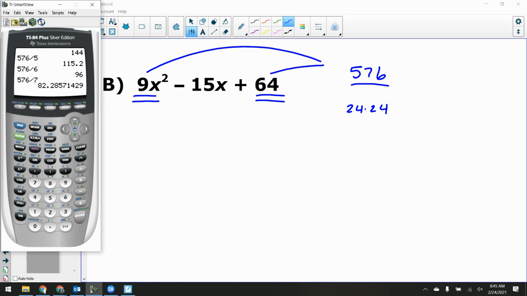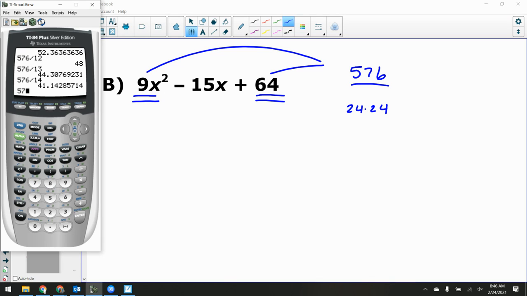Divided by 7? Nope, that doesn't work. Divided by 8? No, that's not good. 576 divided by 9? Nope, still too big. 576 divided by 10? No. 11? No. 576 divided by 12? No, I'm getting smaller. 576 divided by 13? 576 divided by 14?